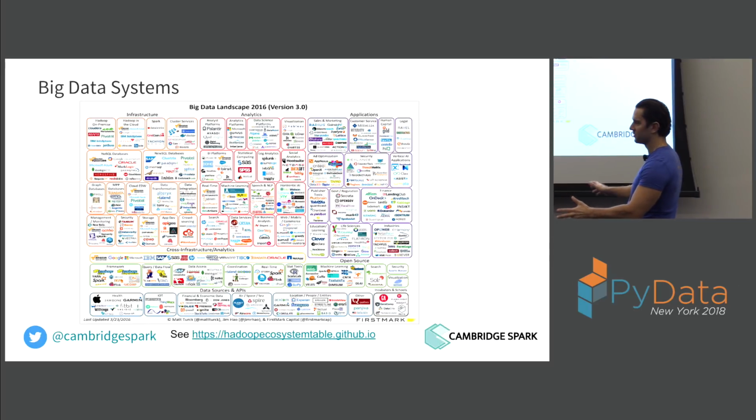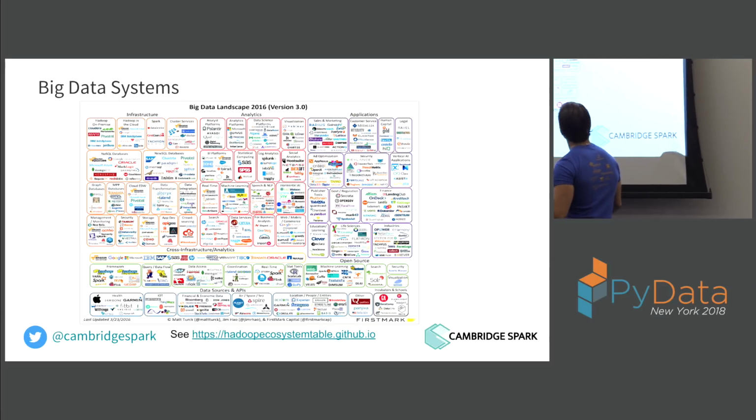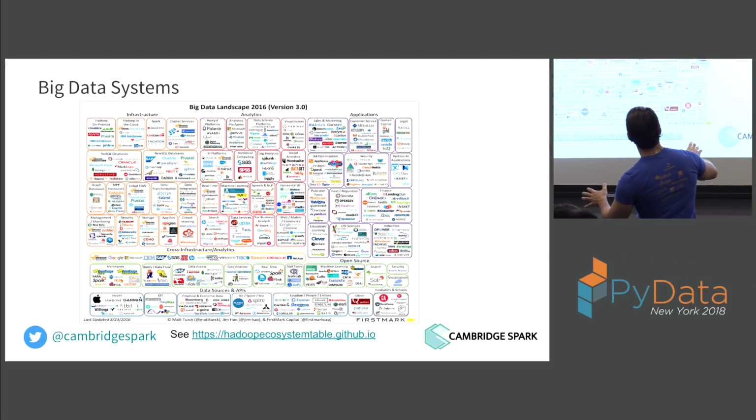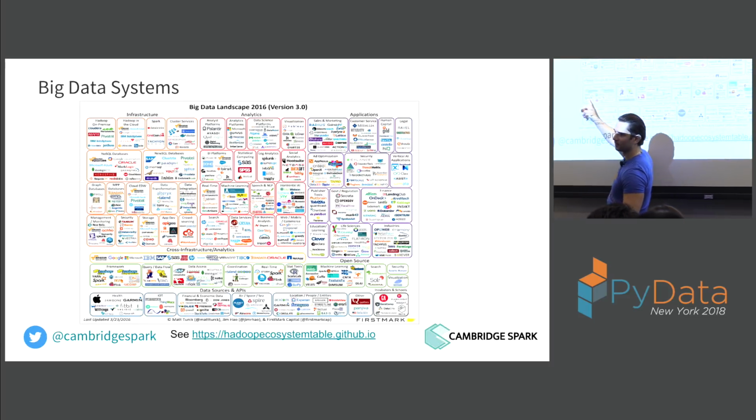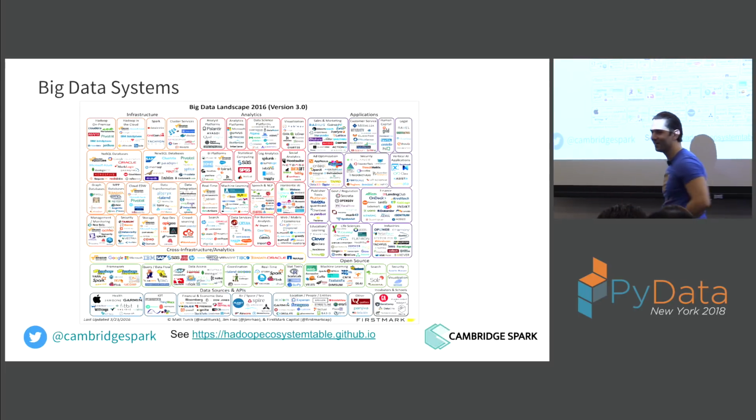So there's a ton of stuff. It's scary. And Spark, this is like Find Wall-E, right? The Spark logo is somewhere here. Yay, that's Spark. So today we're going to talk about Spark, but there's a lot more going on.